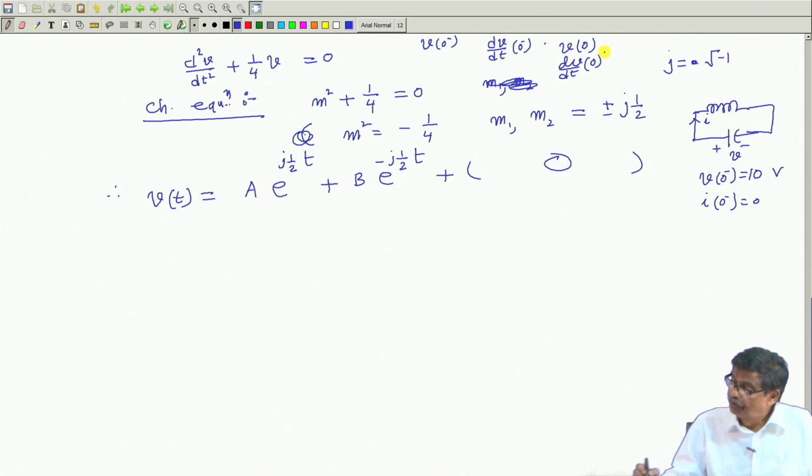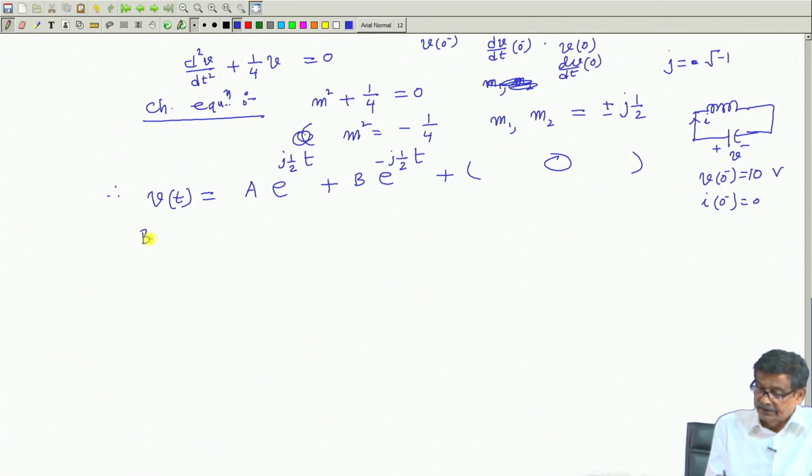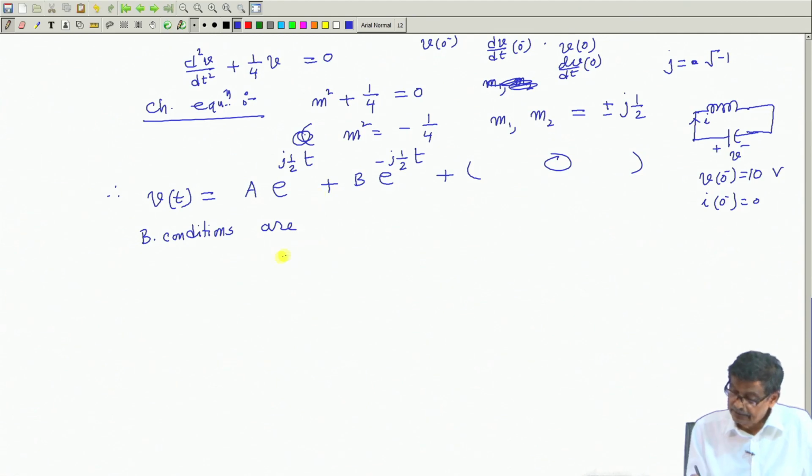See, after you have closed the switch, in no time from 0- to 0, the voltage across the capacitor cannot change instantaneously. So, I will say the boundary conditions are: V(0) is equal to 10 volt, that is one boundary condition.